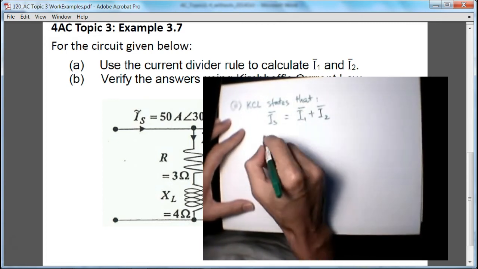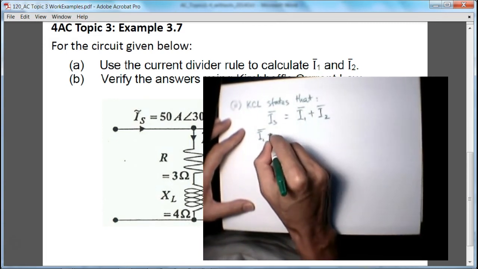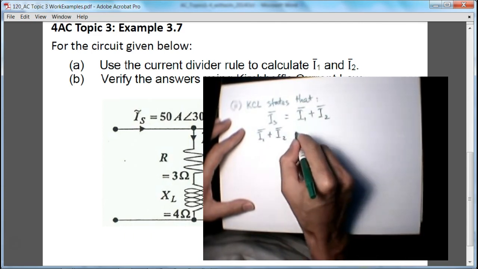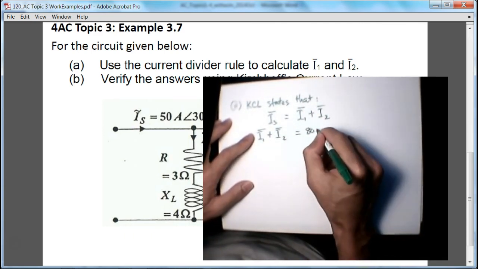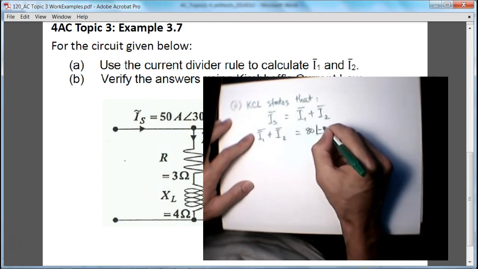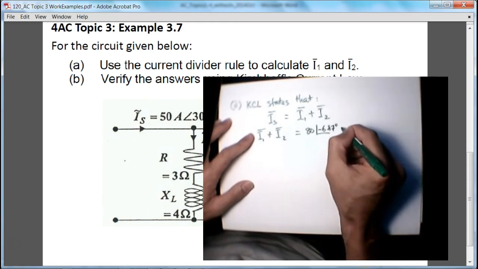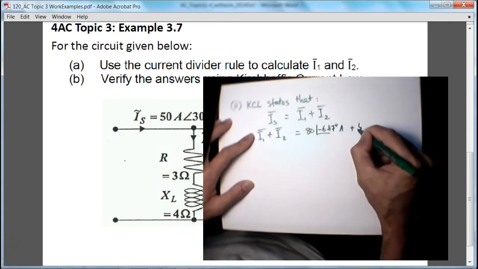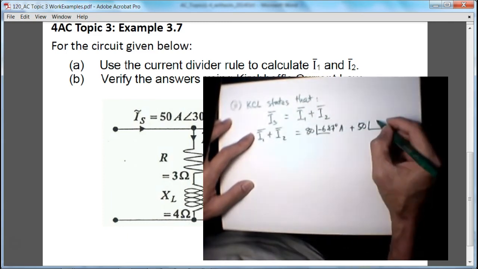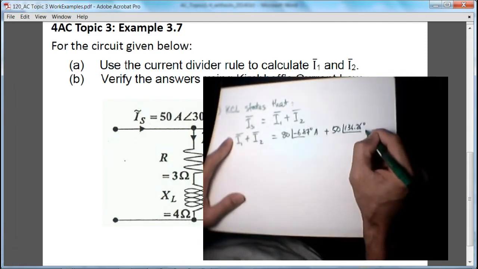First of all, let's look at I1 plus I2. From the earlier calculation, I1 is 80 amperes at an angle of minus 6.87 degrees, plus I2, which is 50 amperes at an angle of 136.26 degrees.